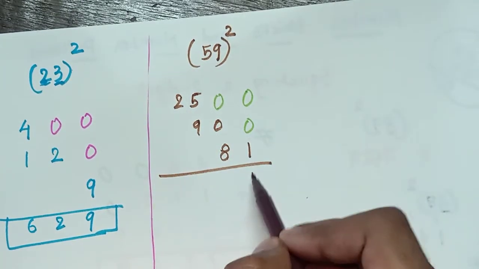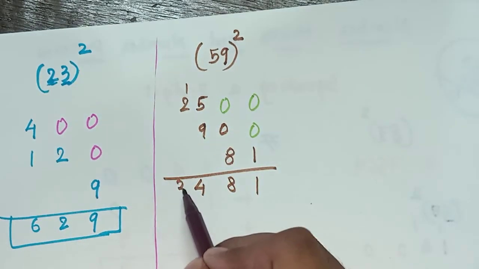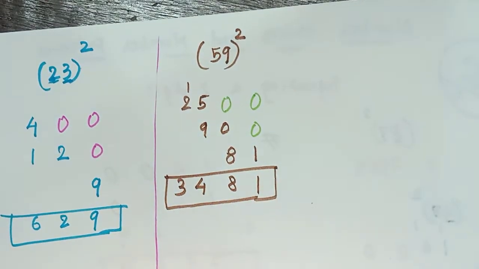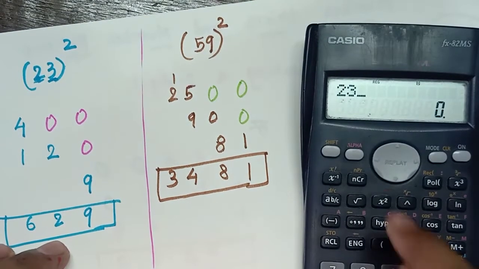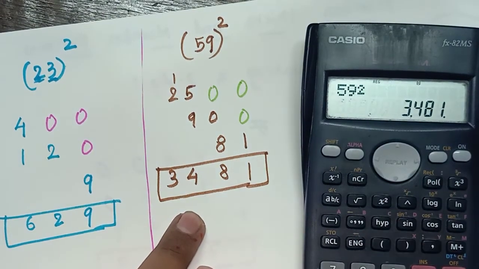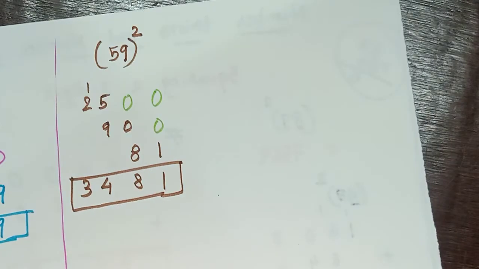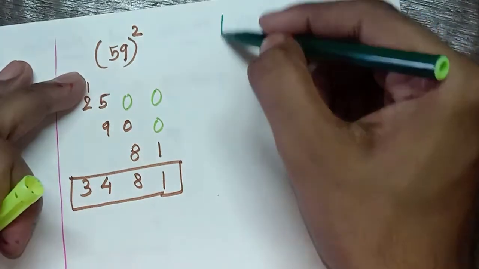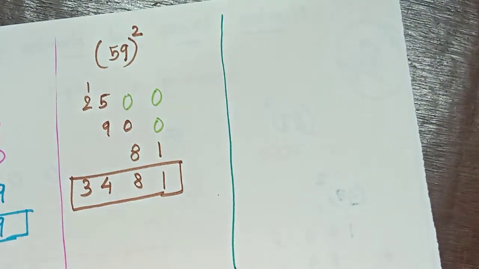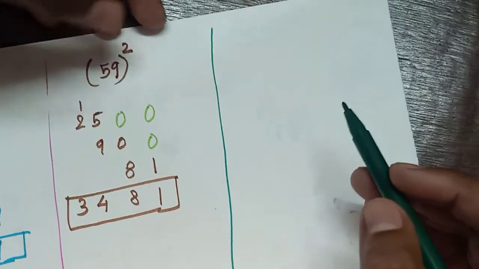So the total is 3, 4, 8, 1. That is the square of 59. So let us check: 23 squared is 529, 59 squared is 3481. Alright. Now let us learn one last one, and then I will show you another method for all these numbers, the same numbers, to find the square with another trick also. And then you can use any one you like.